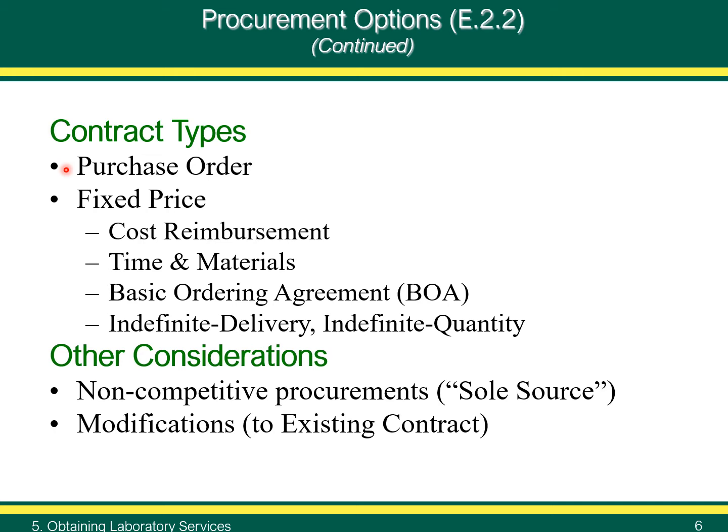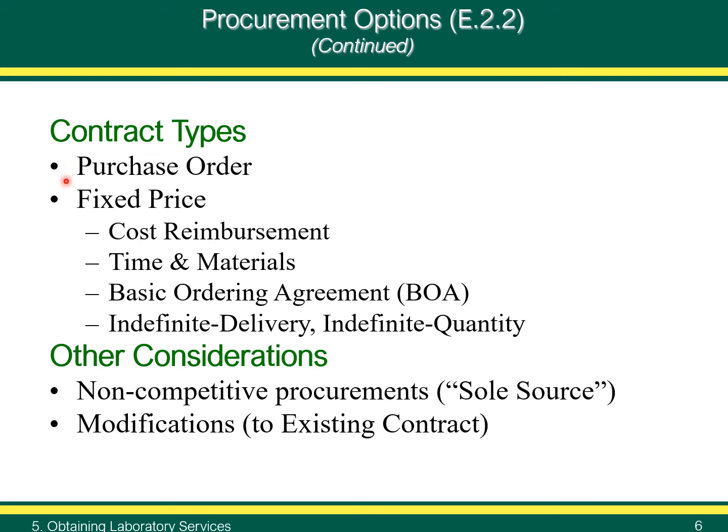For example, they may be used to purchase a limited number of sample analyses or services. Purchase orders may also be used to purchase supplies and less costly instruments or equipment. And finally, purchase orders may be issued on a fixed price or time and materials basis.